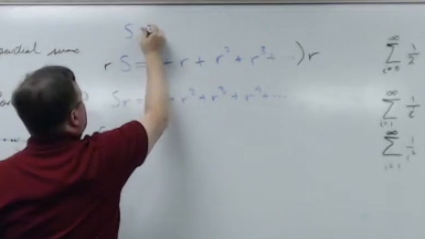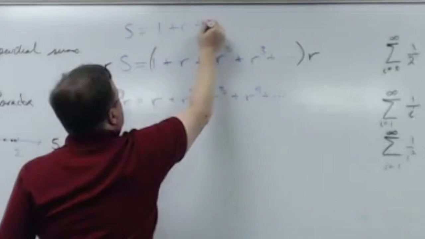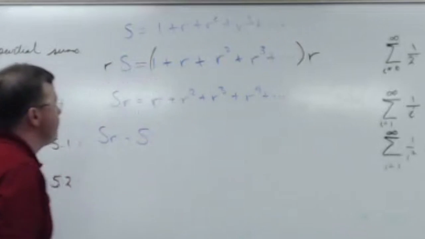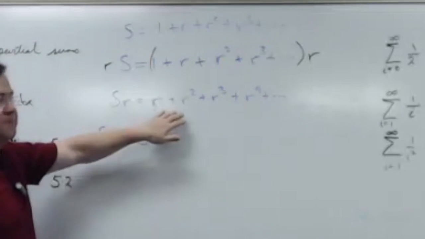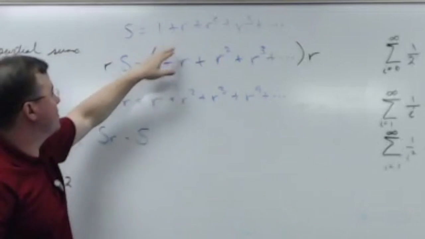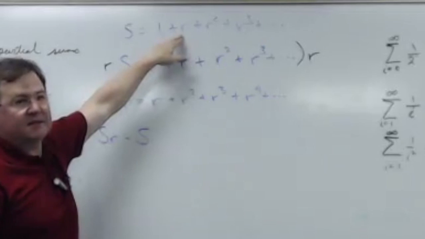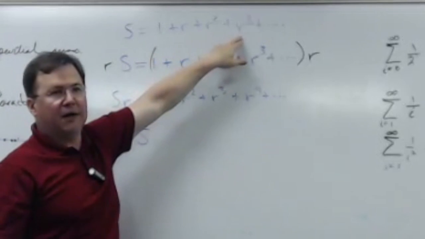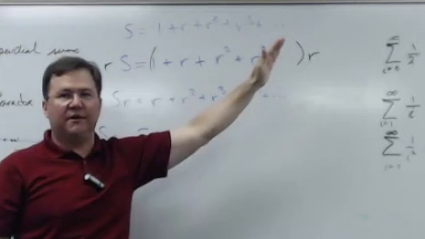This is before I multiplied by R. If you take all these terms and subtract all these terms, if I line them up term for term, this minus this is 0, this minus this is 0, and all the way on down the line, no matter how far you go, they all cancel.